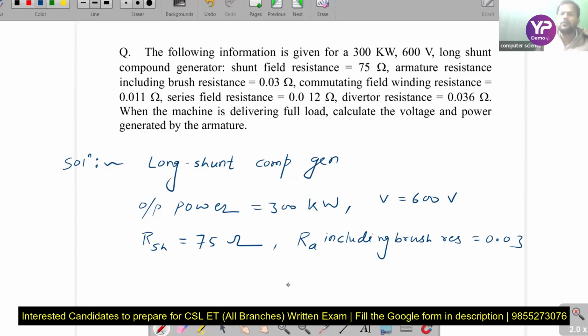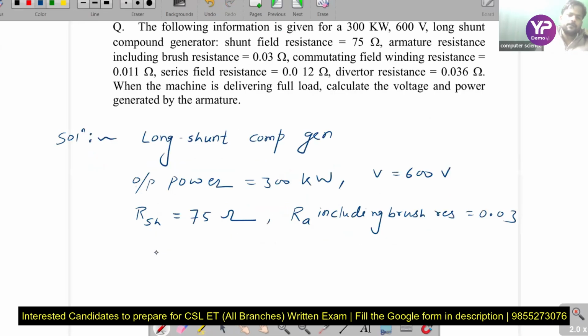Commutating field winding resistance, here we represent commutating field winding by R COMM as a subscript, and its value is 0.011.